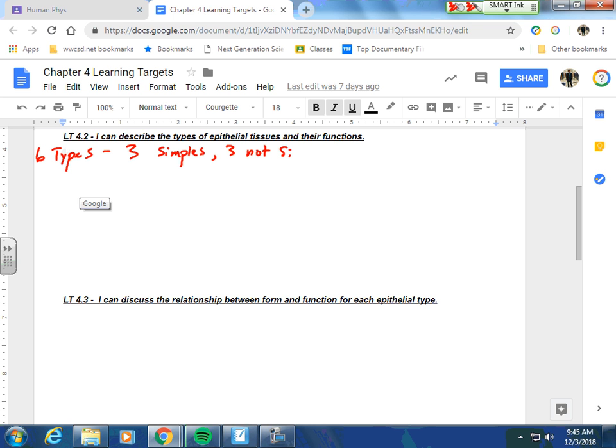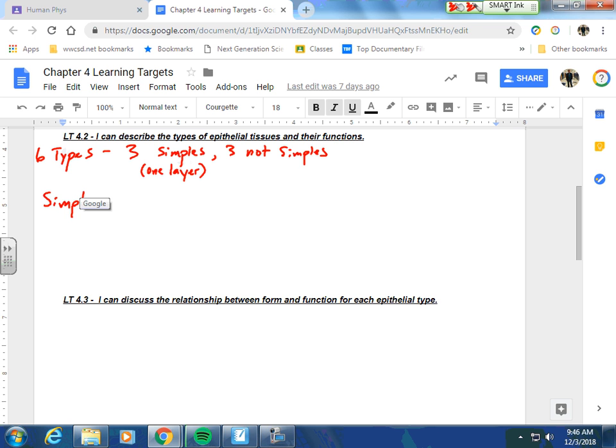What does simple mean? Simple means 1 layer. So the other 3 are not 1 layer. They're not going to be 0 layers, so they must be more than 1 layer. All right, so we've got our 3 simples.